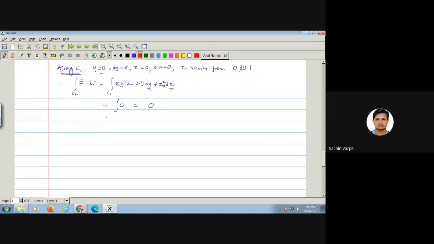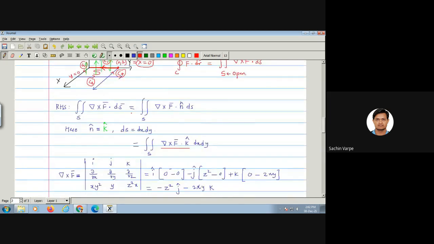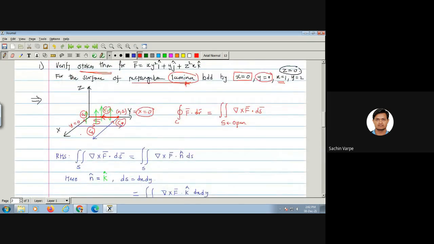Now calculate along C3. What can we say along C3? C3 means the line x is equal to 1. Right? So for x equal to 1, what will dx be? It will be 0.